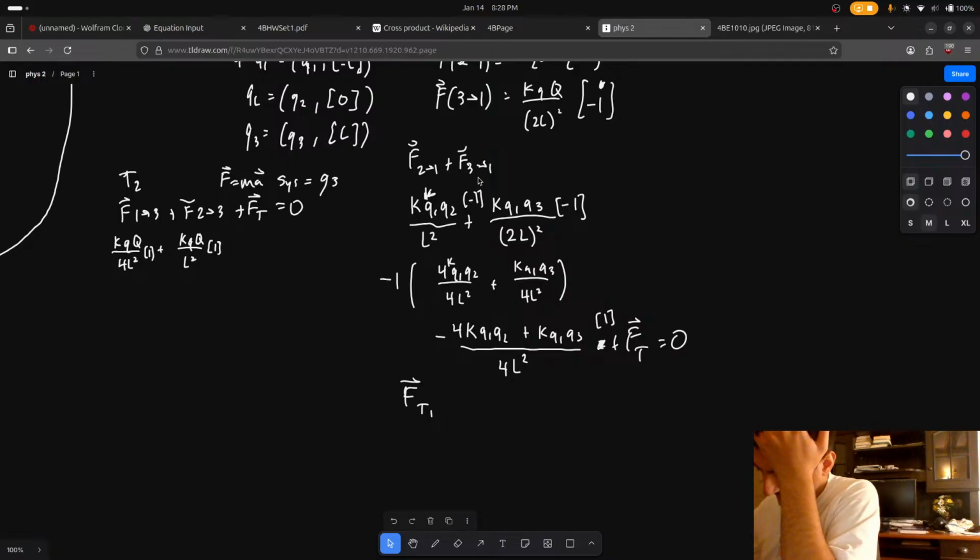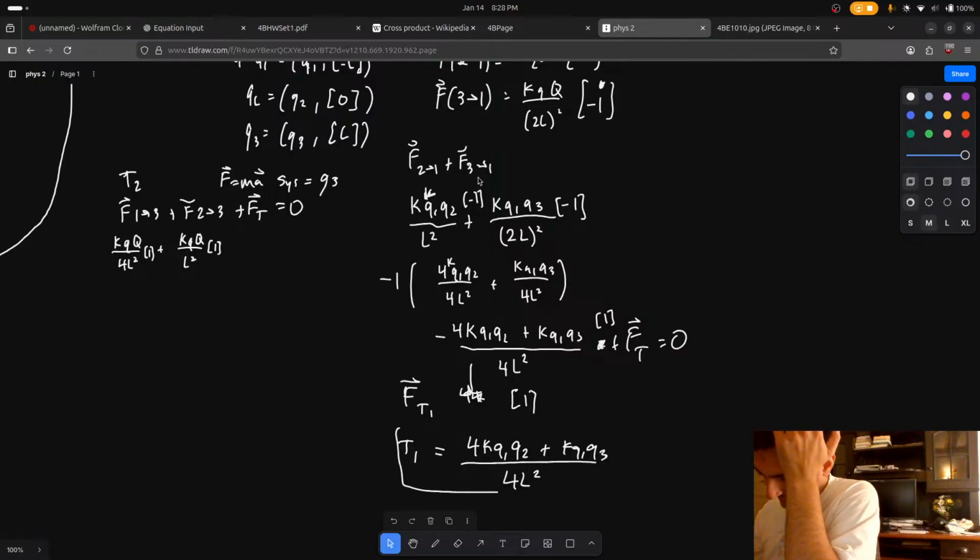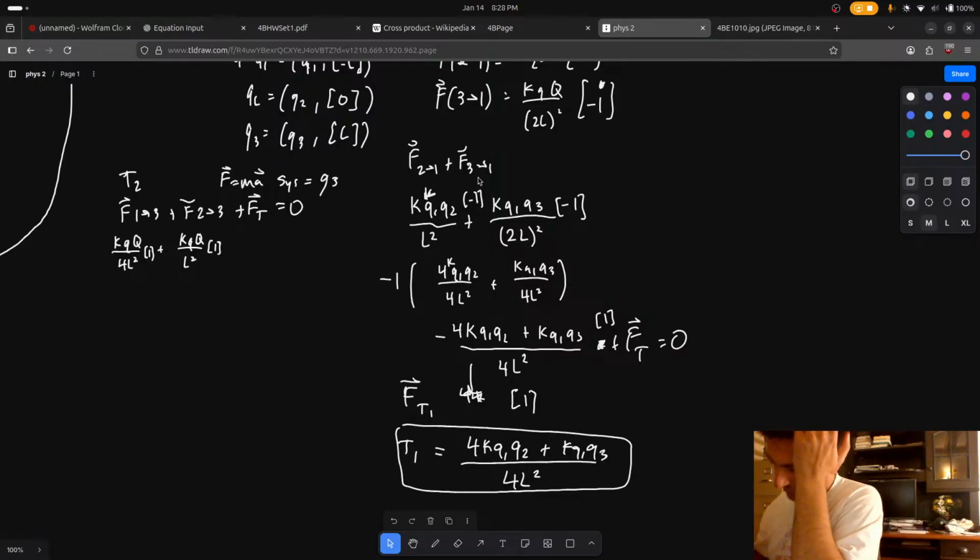So that this is going to be t1. I think that is closer to what we should be expecting.